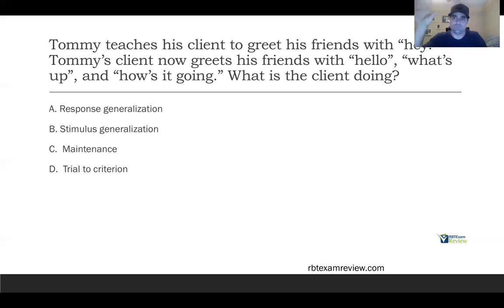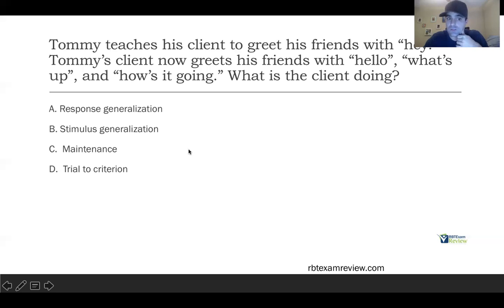You teach "Hey," and now you have 4 different responses serving a similar function but looking different. You have one response, and then it generalizes to 3 different responses that serve the same function but look different. So response generalization is a good answer.